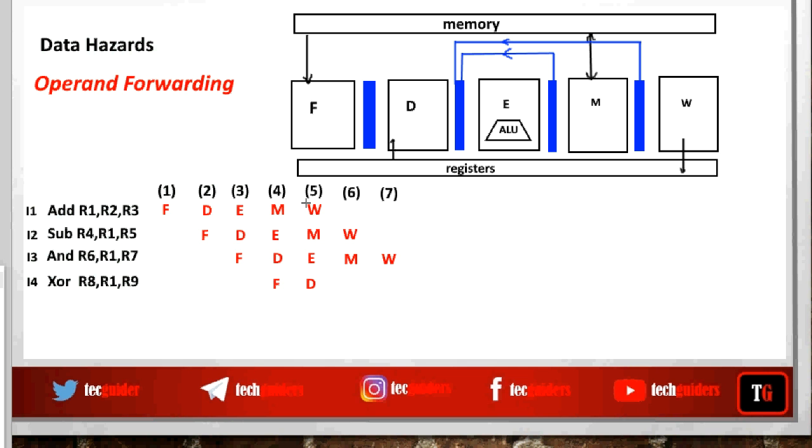Now do we need to use operand forwarding? Here we are writing to the register and reading from the register in the same clock cycle. So here there is one more solution available.